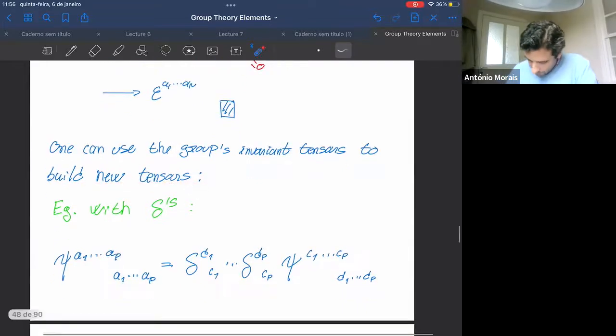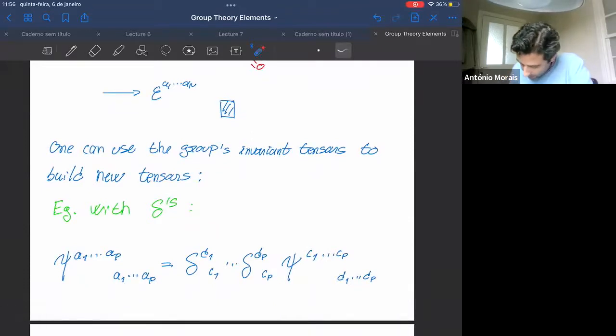For example, imagine that you have a certain tensor with p fundamental indices, c1 to cp, and p anti-fundamental indices, d1 to dp. Now you can build an invariant of the theory, a singlet with all equal indices, just by stacking in front of psi p deltas. So this is one of the possibilities.